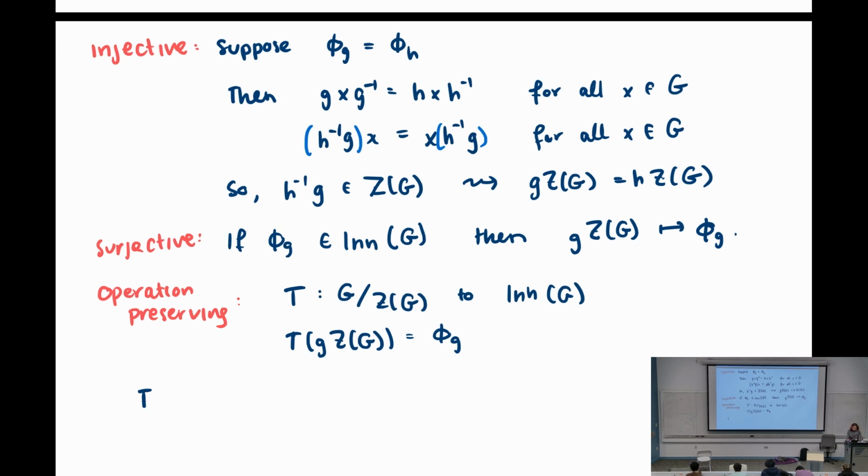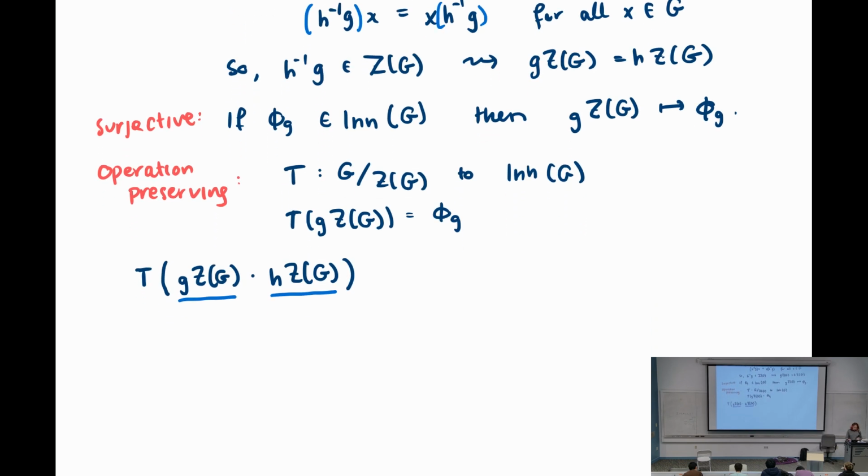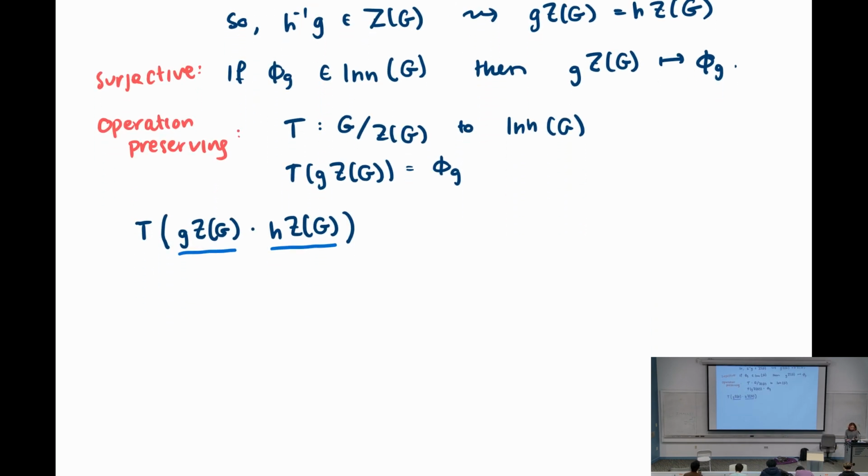So I'm going to look at T of gZ(G) times hZ(G). I have two elements that I'm taking the product of and then applying T. And we want to see that this is equal to T of gZ(G) times T of hZ(G).